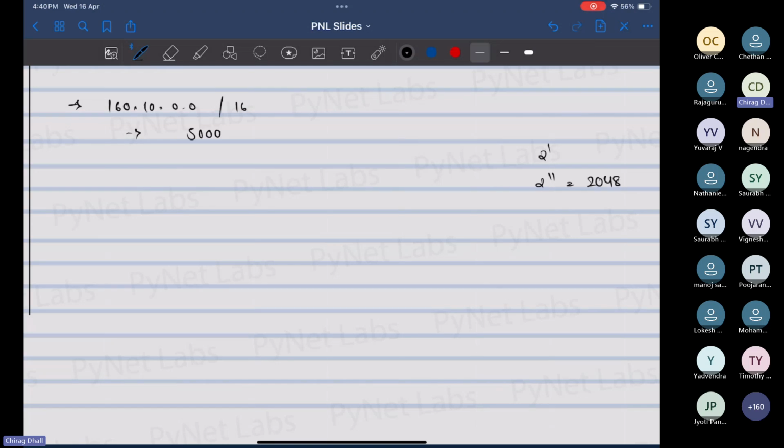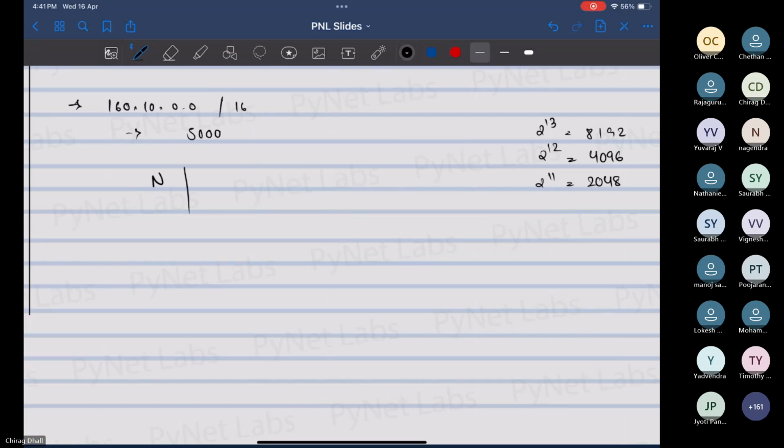So 2 raised to the power 12 will be 4096, which is double of 2048, and 2 raised to the power 13 will be 8192, which is double of 4096. So 8192 can fulfill my requirement of 5,000 addresses.